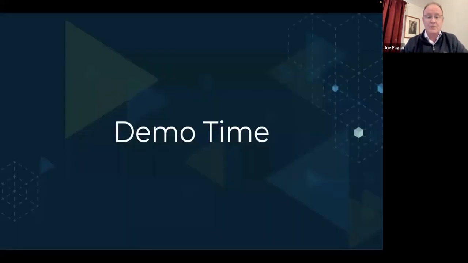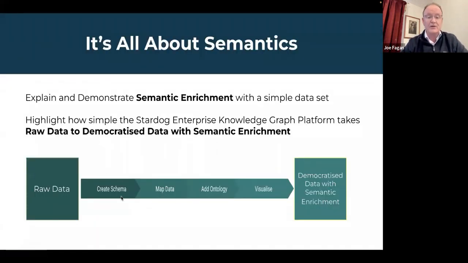So from that, what we've seen is we took raw data, we created the schema, we mapped the data, and this is the exact process. It might take a little bit longer for your organization, but we can end up with democratized data that expresses concepts, ideas, relationships, and everything else in the data, in the language in which that department wishes to see it. And in Explorer, we can have different views for different departments of exactly the same data using entirely different semantics.